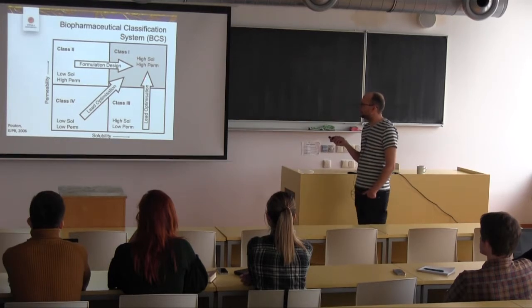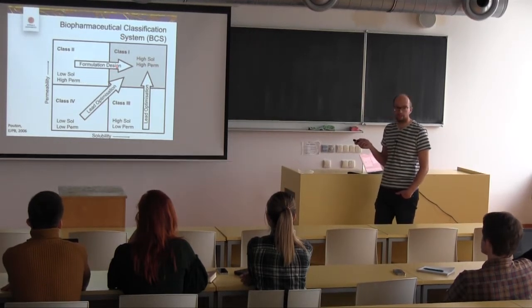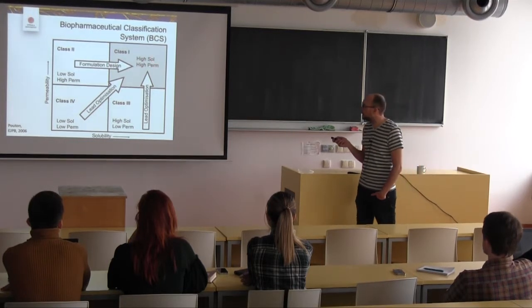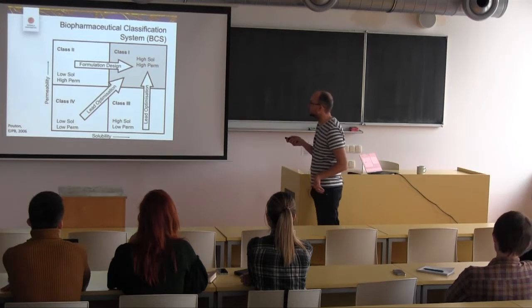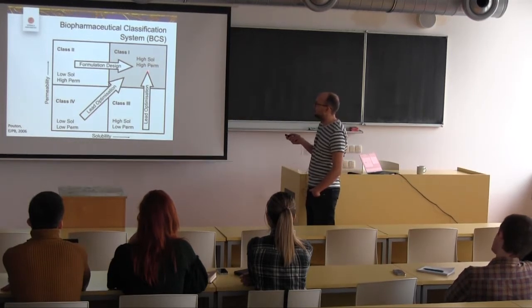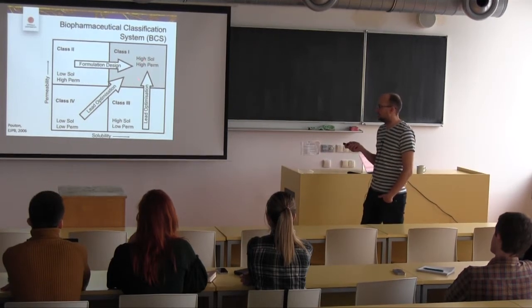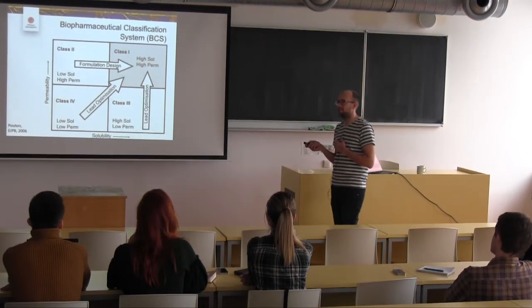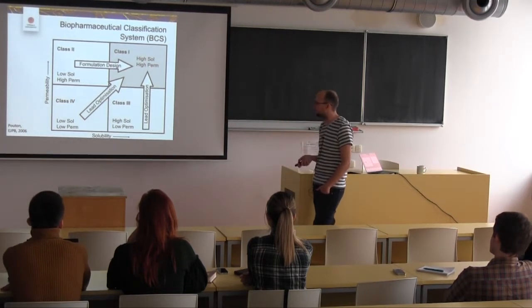Where you want your drug to be is up here as a class 1 drug that shows both high solubility, so that it dissolves rapidly in the human intestine, but also that it has a high permeability. But as I've tried to illustrate, more often than not we are not here. So typically we are in any of these other classes.